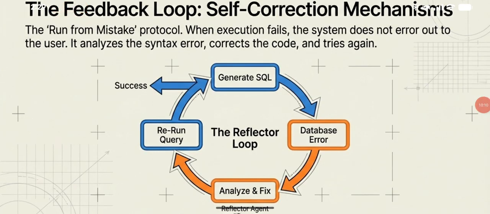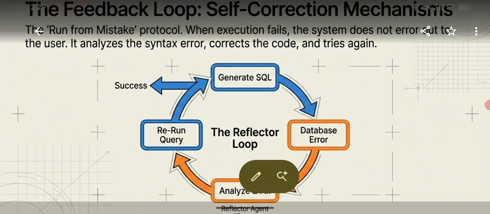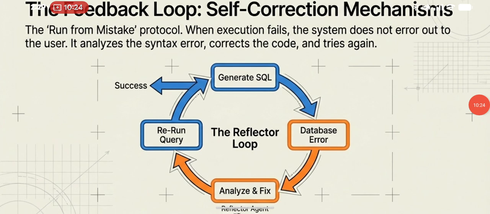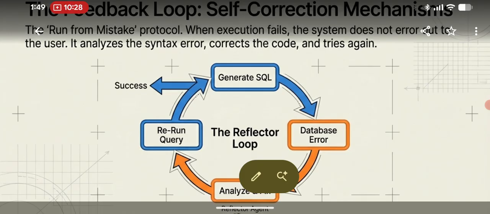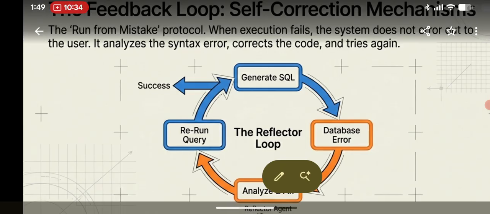It will look into the error, analyze it, fix the SQL query and run it again. It will do this repeatedly until the error is resolved, and if after certain cycles the error is not resolved, a human in the loop can intervene and help the user get the output.